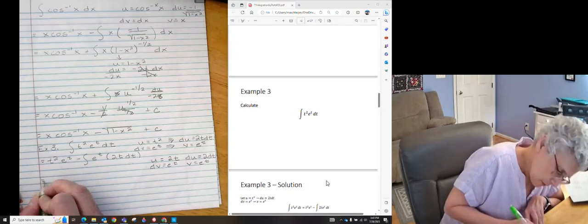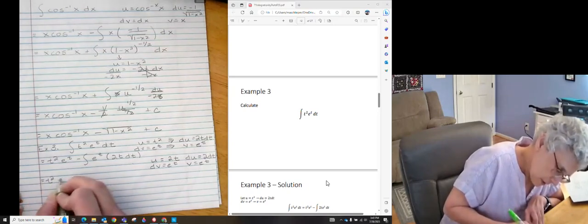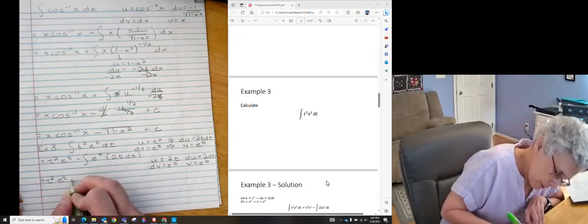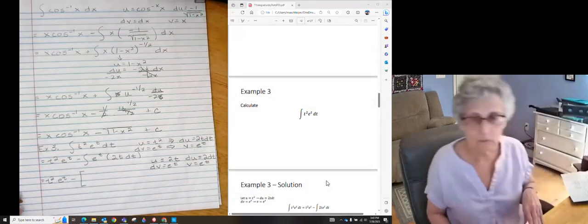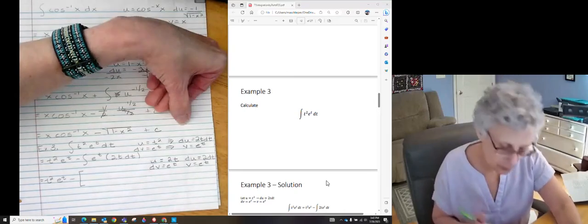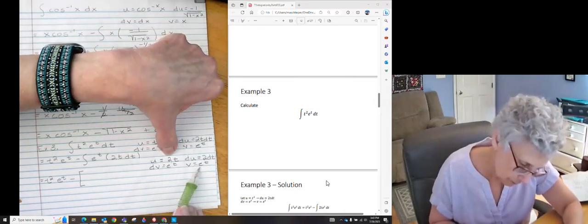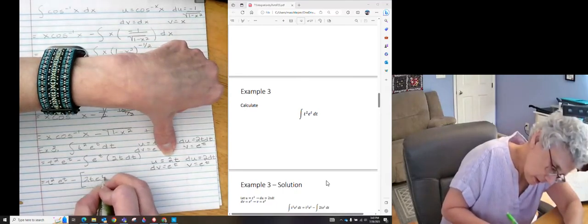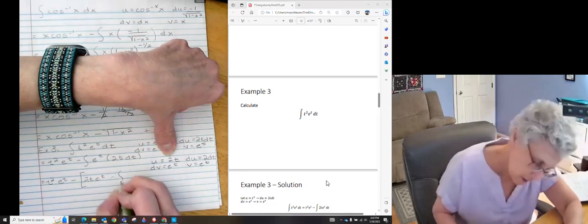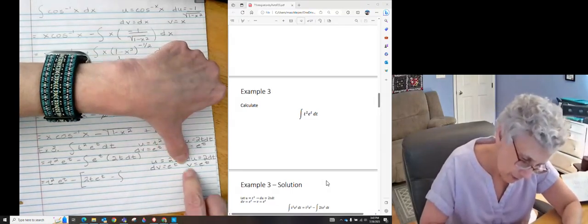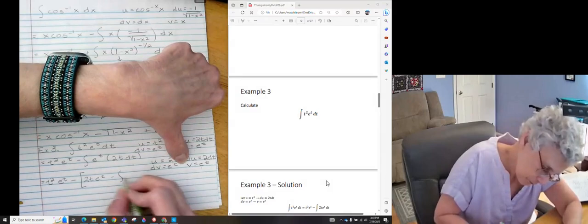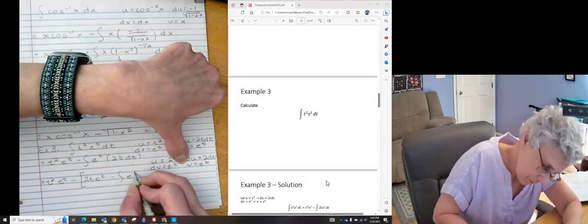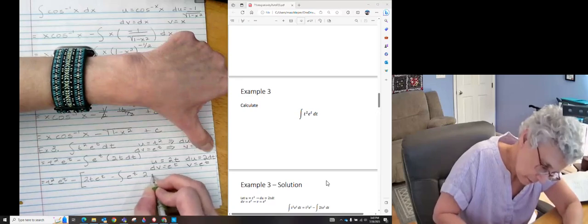So this is equal to t squared e to the t minus, have to be careful with your signs here, u times v, so 2t e to the t, minus the integral of v du.